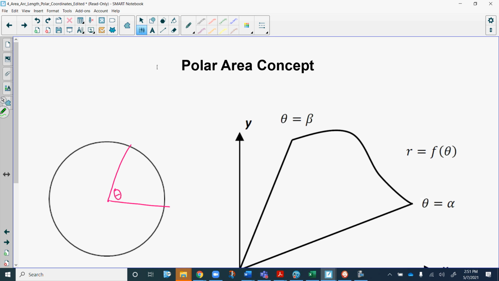Maybe you can think of it as a slice of a pizza that you're going to take. That's the sector area.